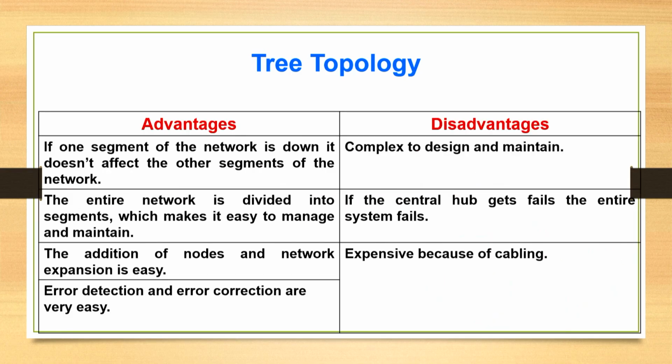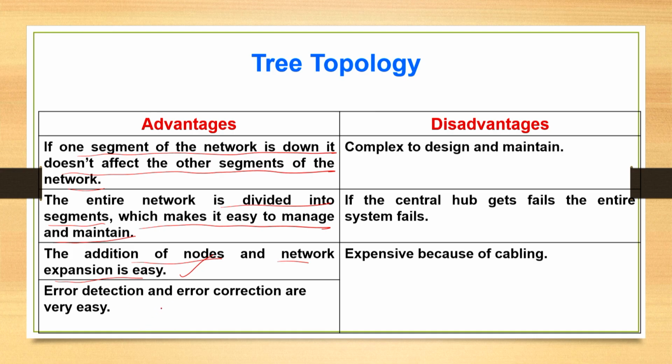What are the advantages and disadvantages of a tree topology? Advantages of tree topology: if one segment of the network is down, it doesn't affect the other segments of the network. The entire network is divided into segments, which makes it easy to manage and maintain. And obviously, because of this, the addition of nodes and network expansion is easy.